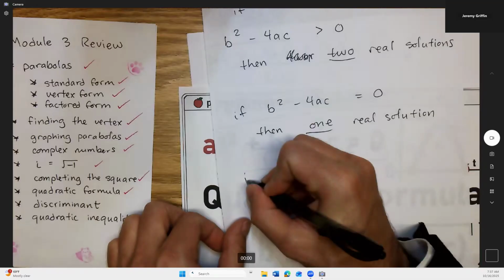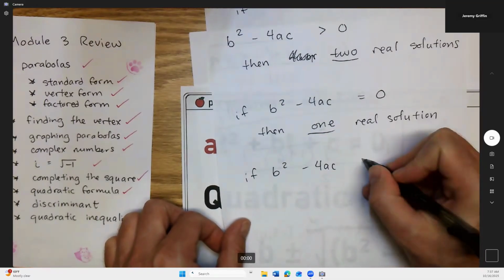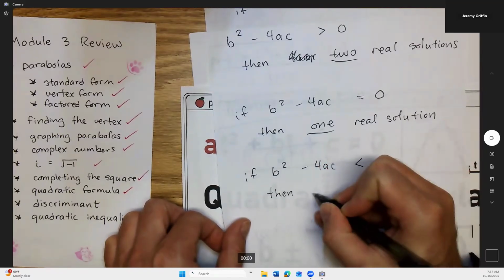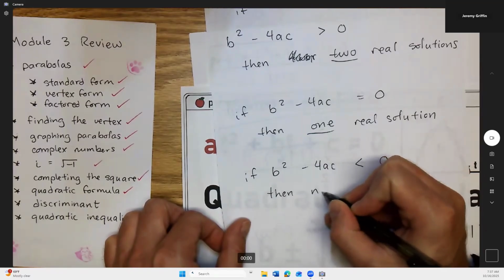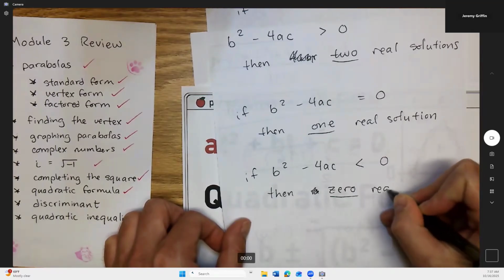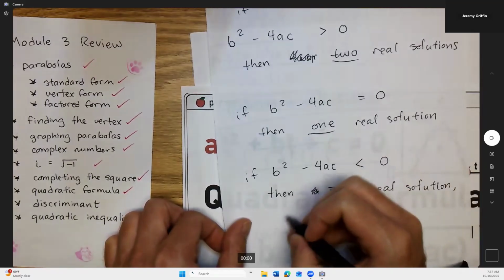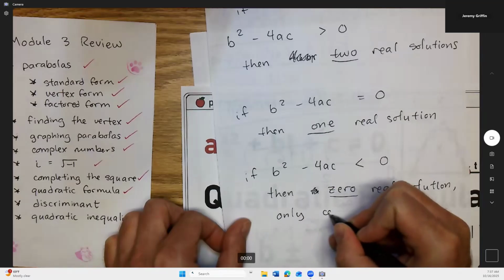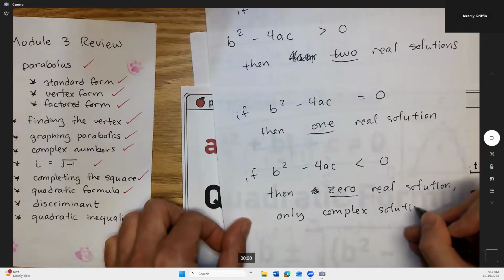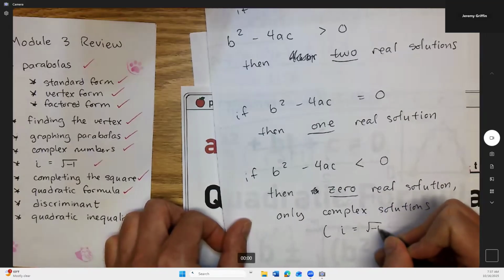If b squared minus 4ac is negative, less than 0, then you have no real solutions, or maybe I should say 0 real solutions. But you could have complex solutions that involve i. Remember, i is the square root of -1, so things like that.